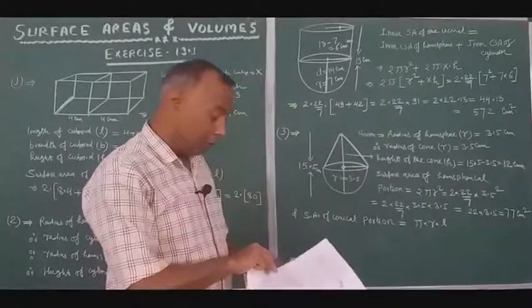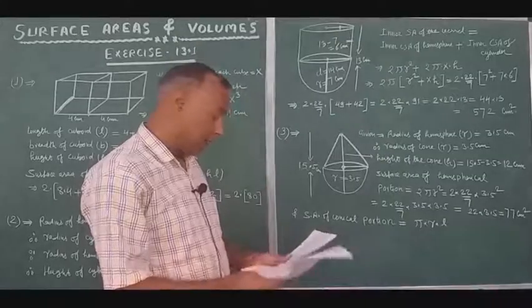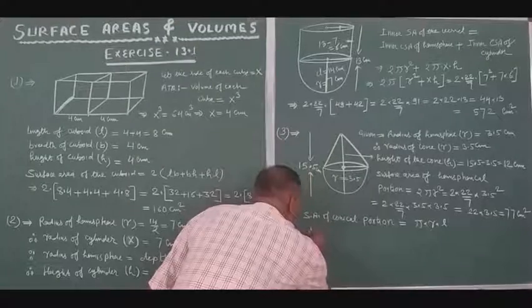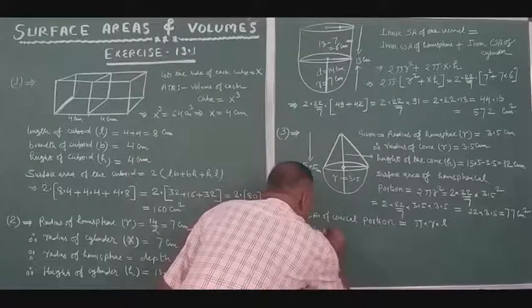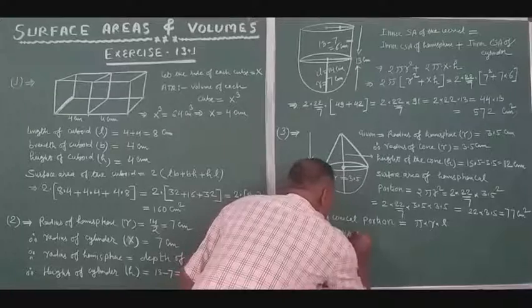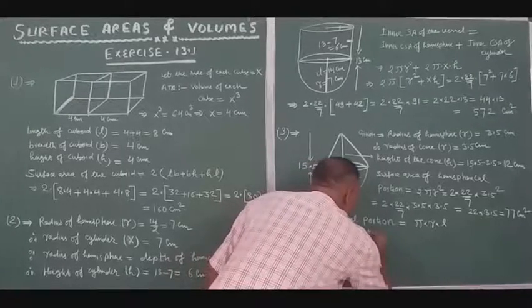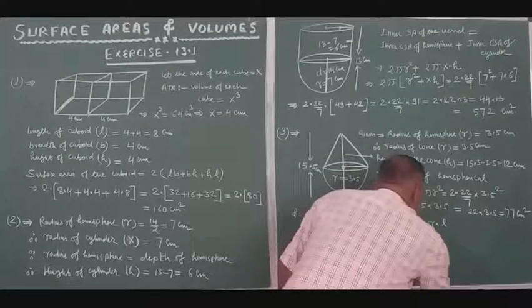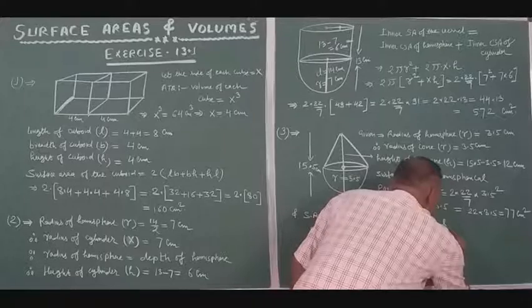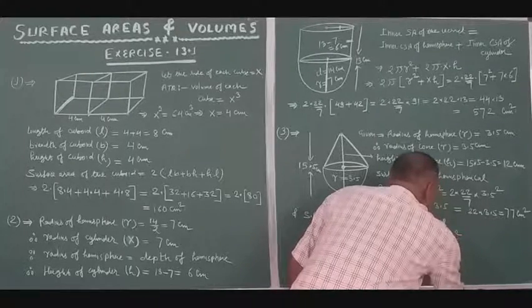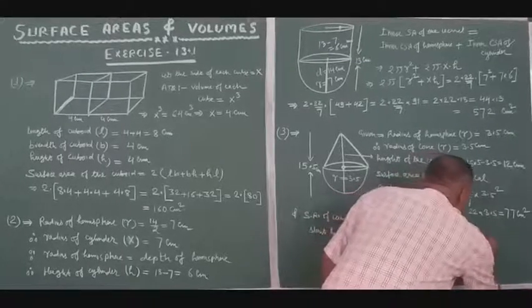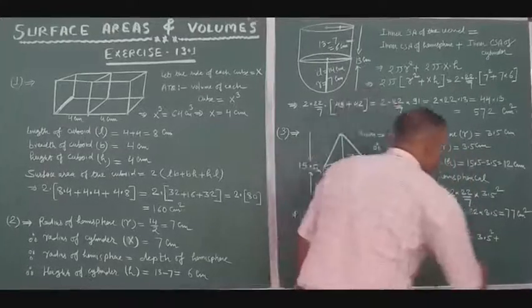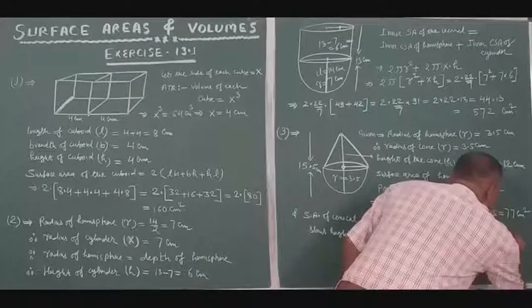First we will find the slant height l of the cone. This l is given by the square root of r² + h². R is 3.5 squared and h is 12 squared.